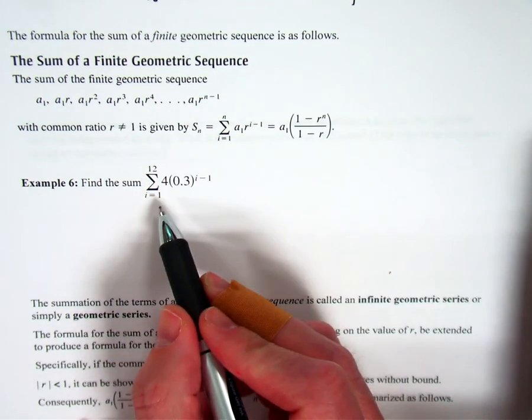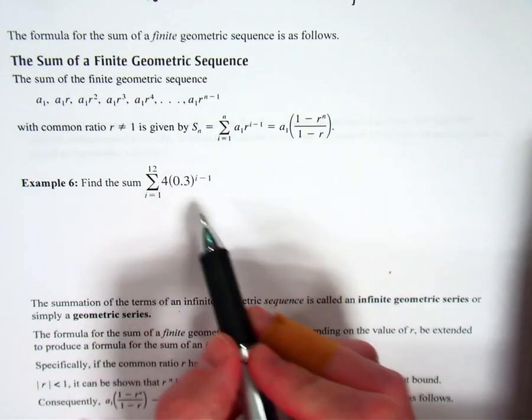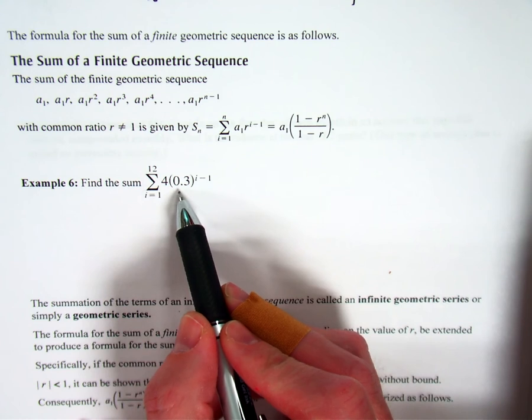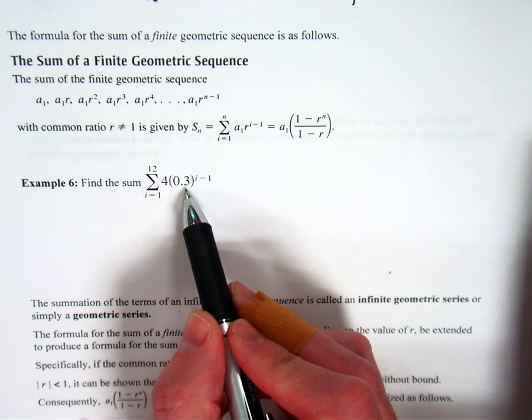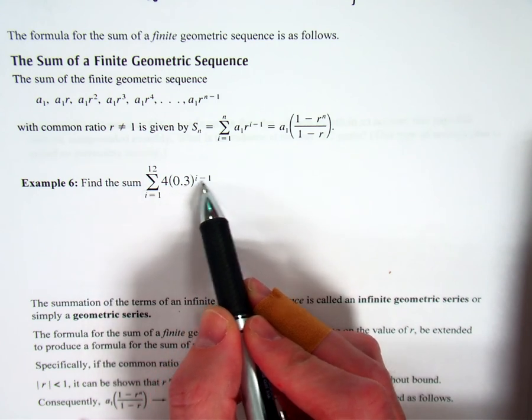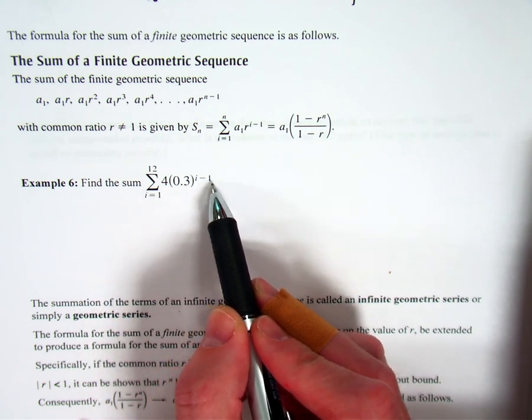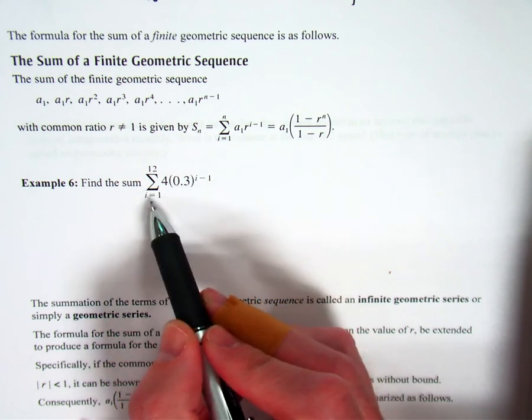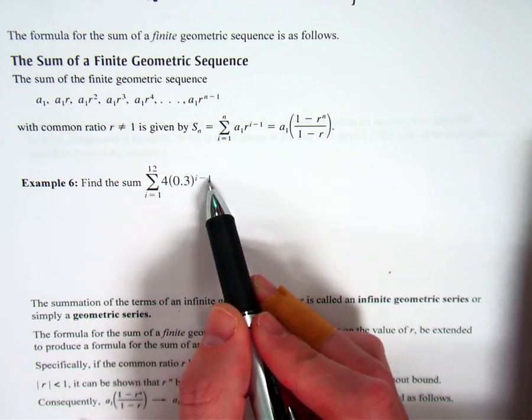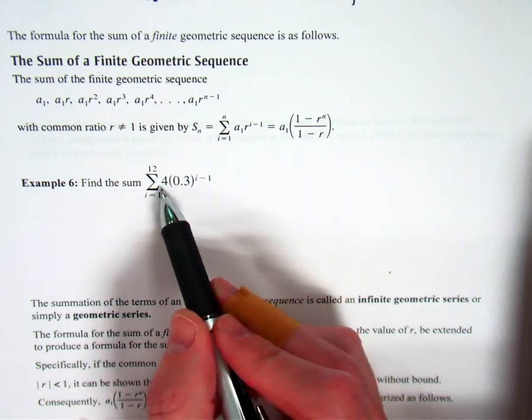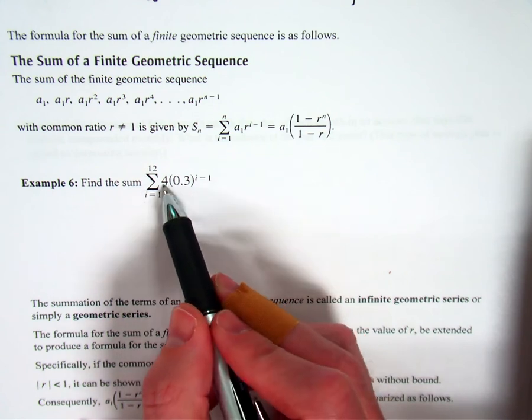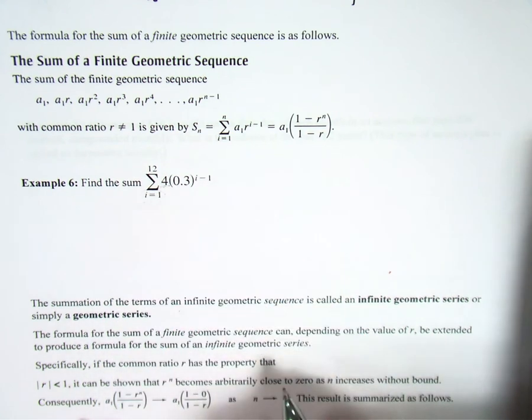Let's take a look. So we want the first 12 terms, 4 times 0.3 to the i minus 1. Okay? So if I put 1 in, 1 minus 1 is 0, 0.3 to the 0 is 1, 4 times 1 is 4. 4 is my first term.